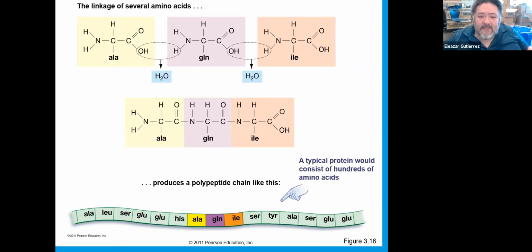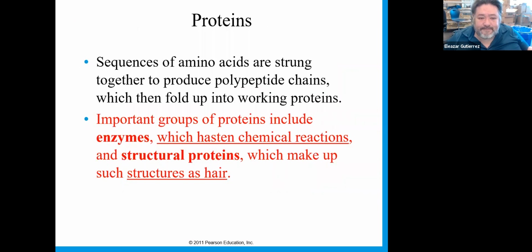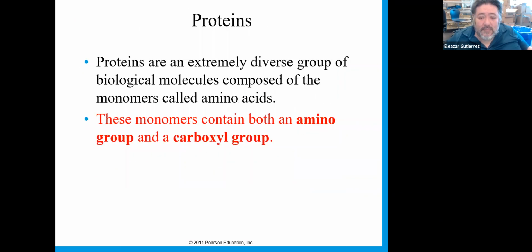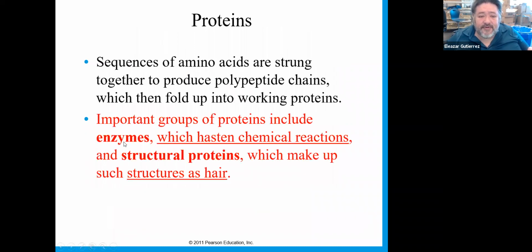Okay, very, very cool. So amino acids contain both an amino group and a carboxyl group. Sequences of amino acids are strung together to produce polypeptide chains. So again, this is a polymer. Poly means many, peptide means protein. So polypeptide chains, which then fold up into working proteins.